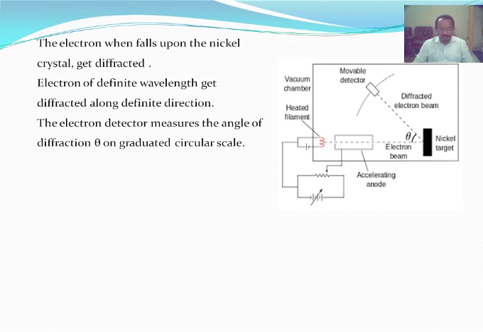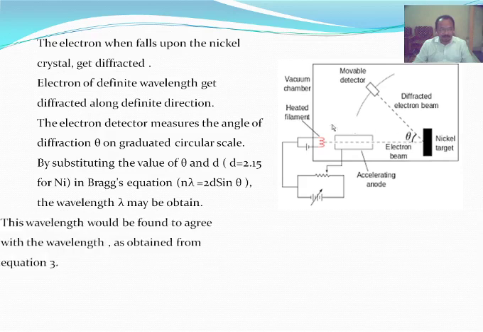It is also called the glancing angle, where we get maximum intensity and measure that angle, it is theta, by means of this circular scale. Now this is the first order measurement, and therefore for first order measurement we will get an angle theta.